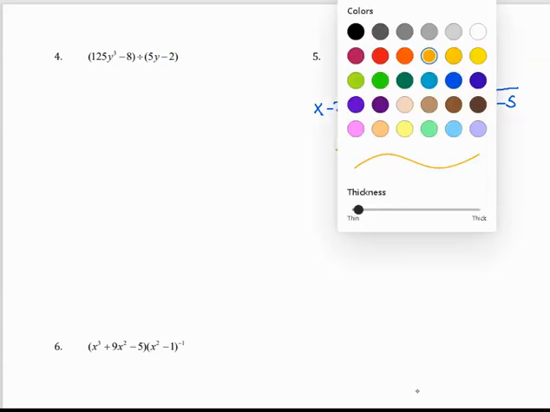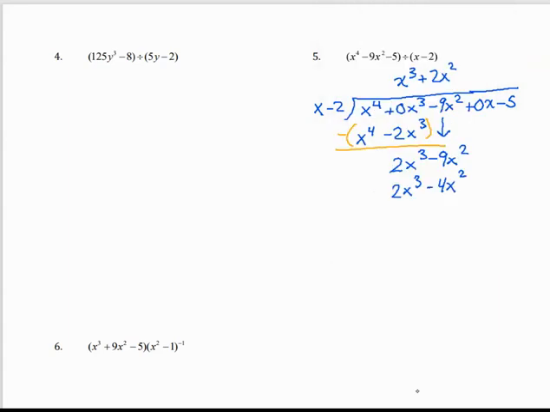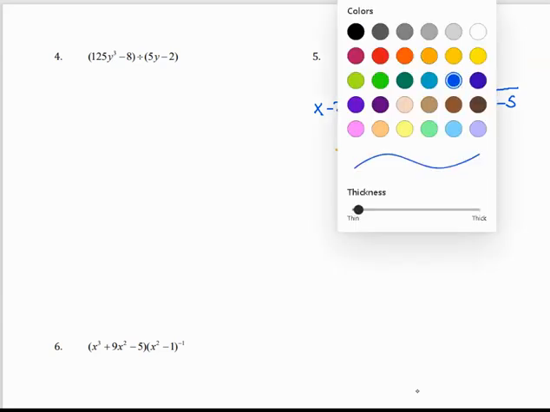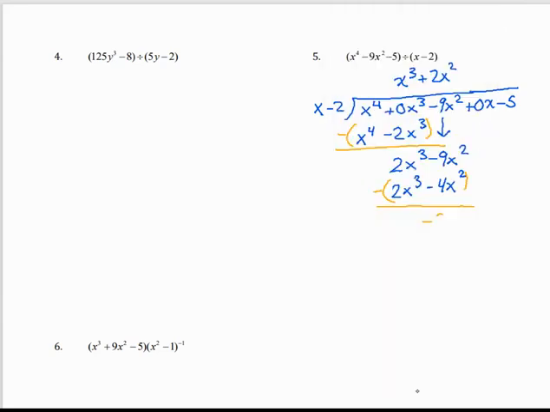And now we subtract. Our 2x to the 3rds will cancel. This is negative 9 plus 4x, which would be negative 5x squared, sorry.